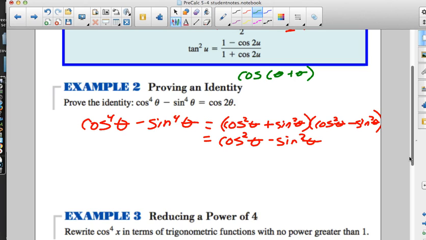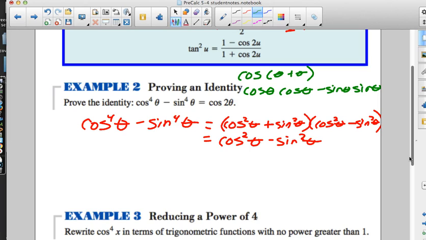And what we did before, for cosine, that's going to be cosine, cosine, sine, sine. With cosine, do we need to change the plus to a minus? We do. Wait a minute. Isn't that what we have?